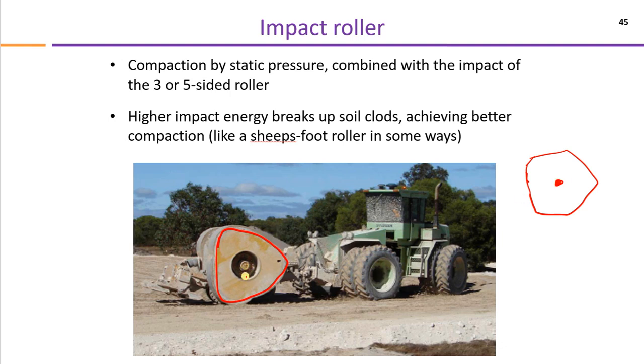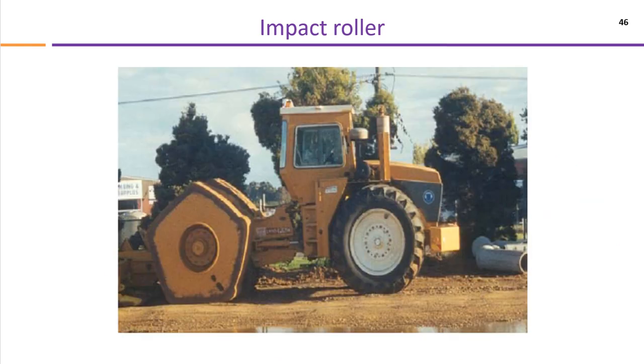So when this roller is going to move, it is going to apply a load that is going to be impact load. So some of them are having 3 sides and some of them having 5 sides. This is 5 sides. So it is going to apply energy with the impact, and with that it is going to compact the soil. So this is a 5-sided impact roller.